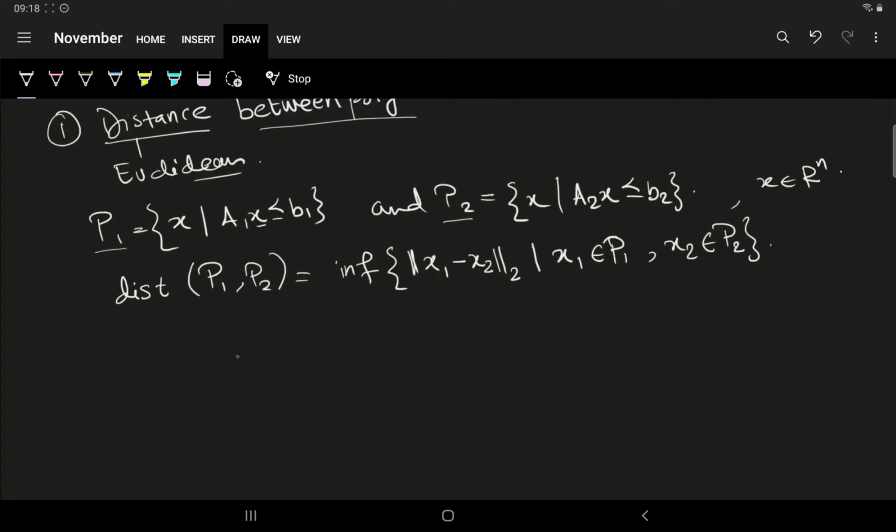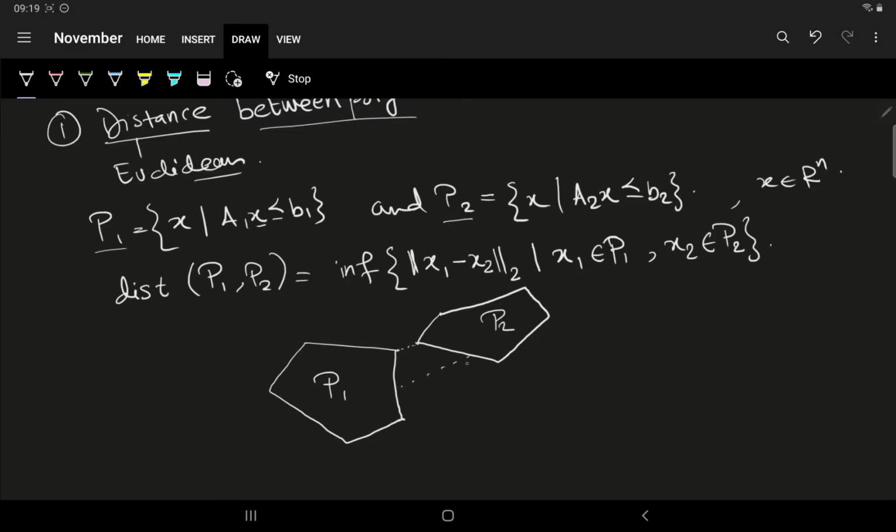So geometrically, if we try to look at this, so this is P1, this is P2, and it is not necessary that those will be at a certain point.